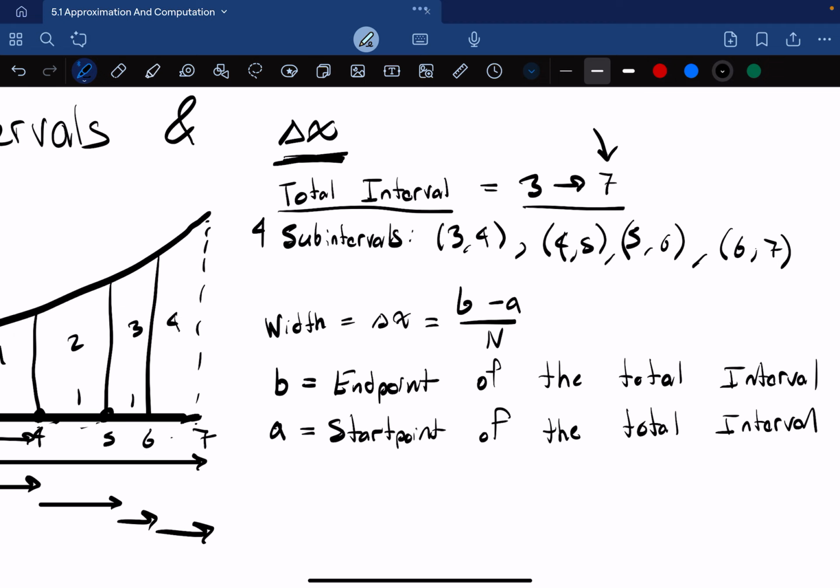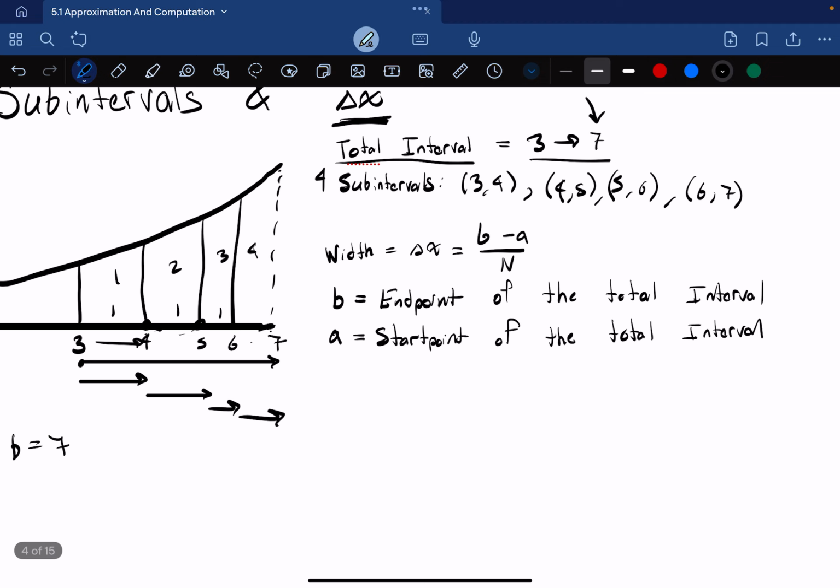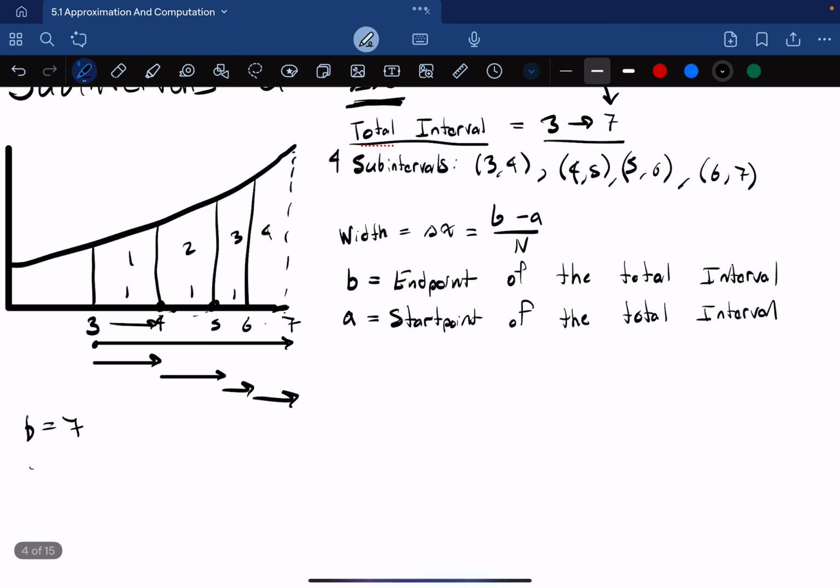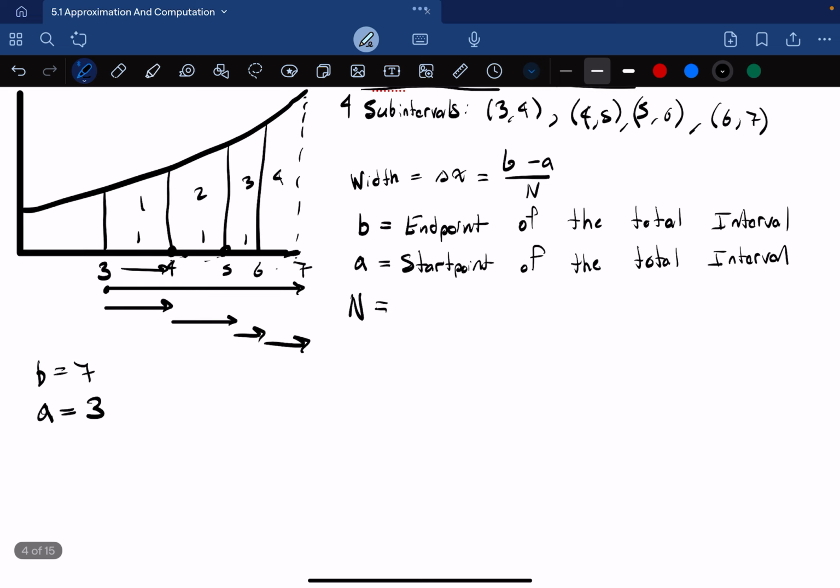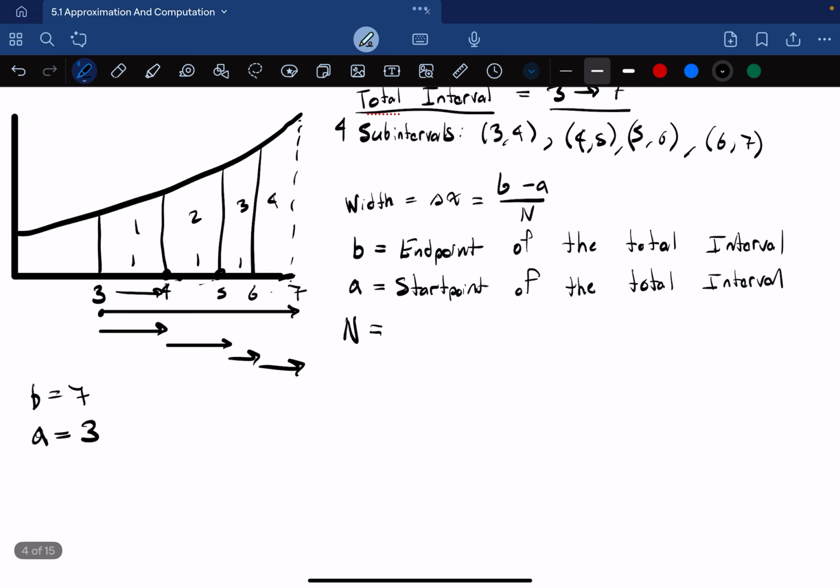In this case, for this total interval of 3 to 7, the start point is going to be 3. So a is going to equal 3. And then finally, what is our n? Well, our n is the number of subintervals, or basically the number of rectangles there are.